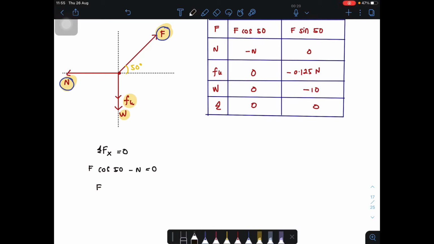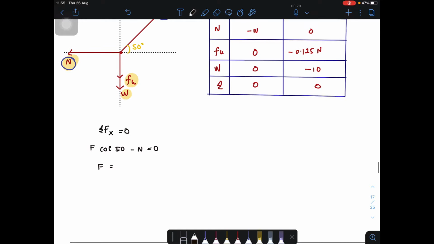So F will be equal to, sorry, bukan F. So F cos 50 will be equal to N. That's the first equation.